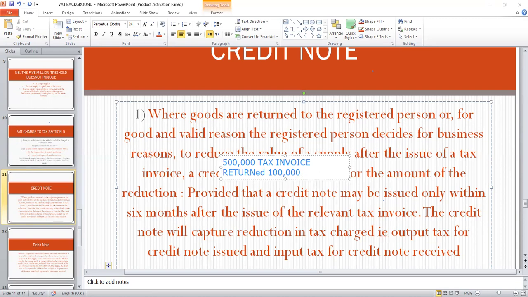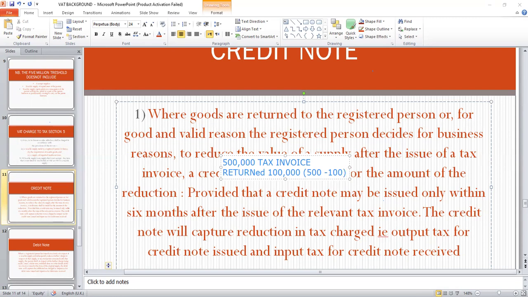When you return goods, me as the seller, for the benefit of you as my customer, for that relationship, I decide to reduce the goods from 500. The goods will decrease from 500 to 400 because of that reduction.